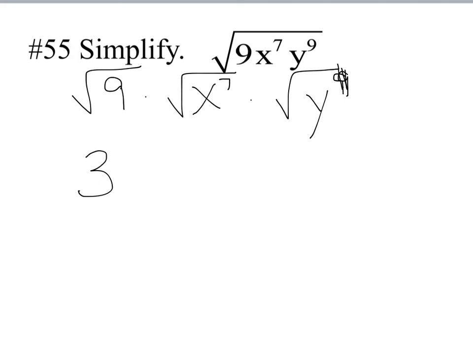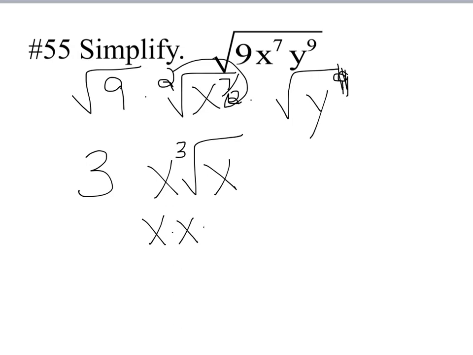The square root of x to the 7th, remember this is a 2 here. So we can bring it back and make it our denominator, 7 over 2. You know that 7 over 2 goes 3 times with 1 left over. So it would be x cubed and then just 1 x on the inside. If you didn't get that, you would say x times x times x times x times x times x times x, 7 times. And you're going to need 2 in order to pull 1 out front.